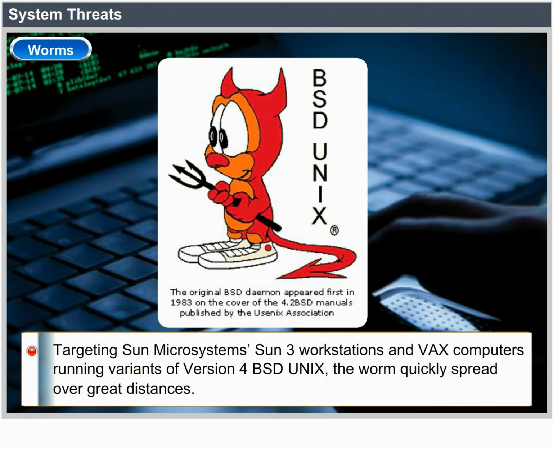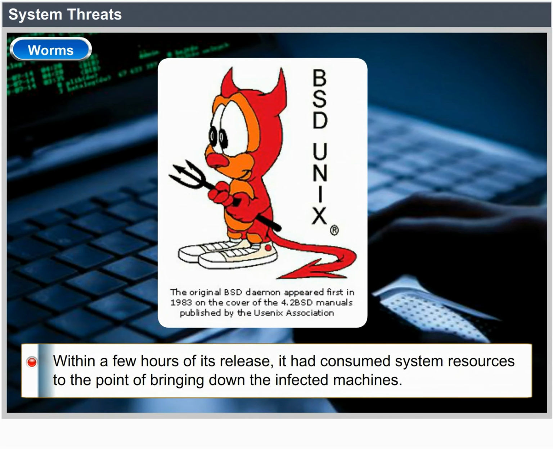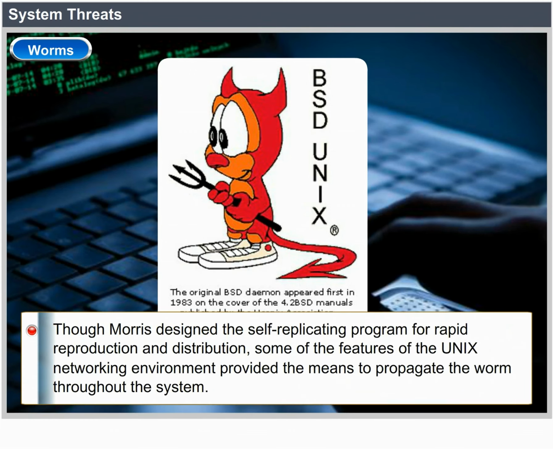Within a few hours of its release, it had consumed system resources to the point of bringing down the infected machines. Although Morris designed the self-replicating program for rapid reproduction and distribution, some of the features of the Unix networking environment provided the means to propagate the worm throughout the system.